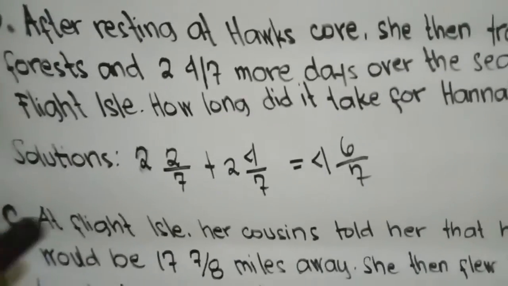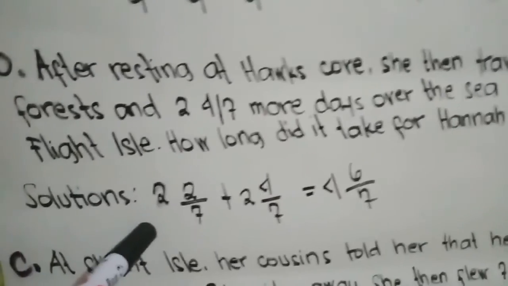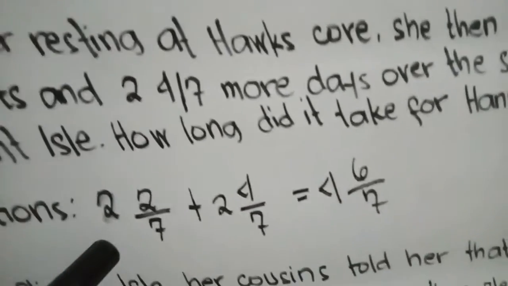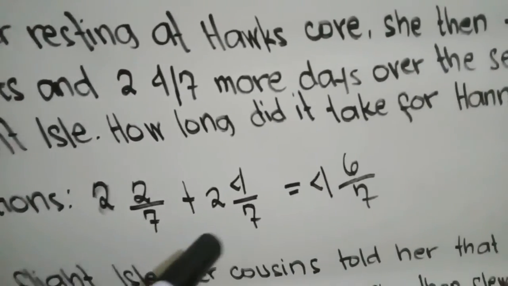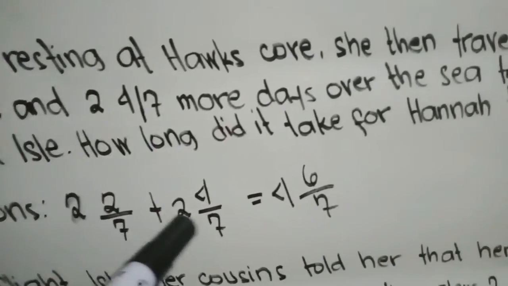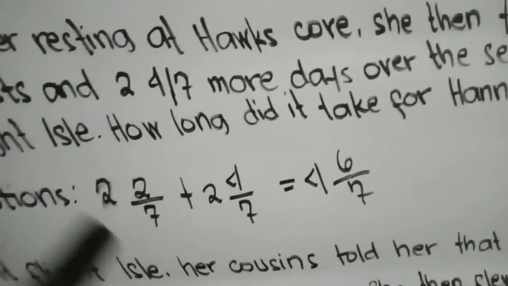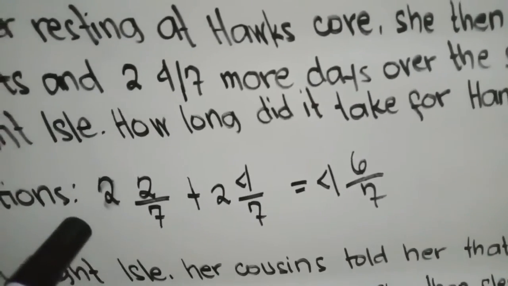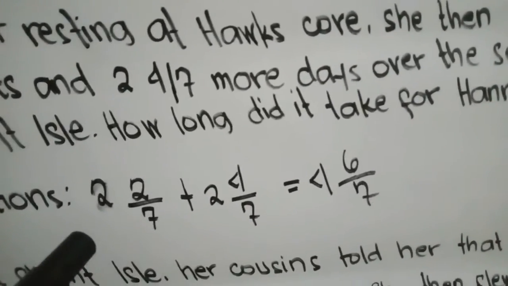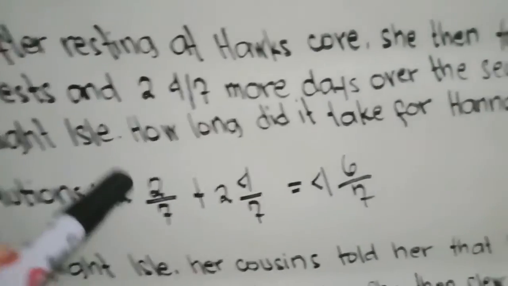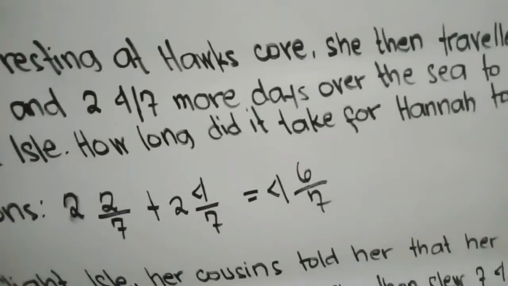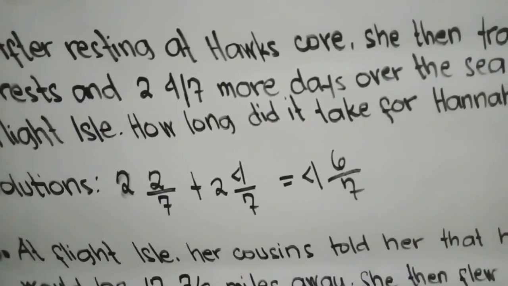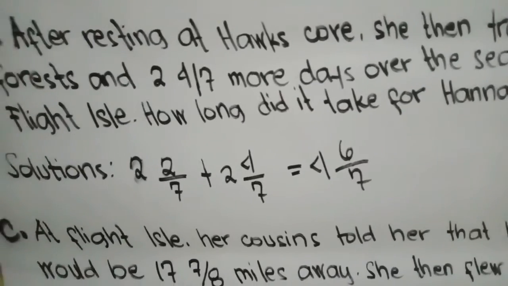So, if ang fraction is same, i-add siya agad. Pero if ang fraction is different, like ang isang fraction is proper at saka ang isang fraction is mixed number, is ang mixed number i-change to improper.